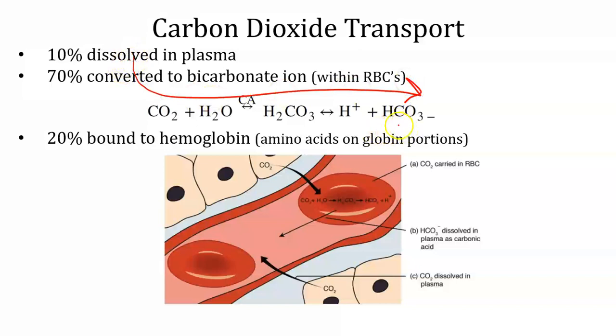But once you get to the lungs and CO2 wants to jump out of the blood, then it drives the reaction this way. Then you have bicarbonate ion and hydrogen ion coming together, forming carbonic acid, and then releasing the CO2 as a gas that can bubble out of solution, accumulate in your lungs, and you breathe it out.